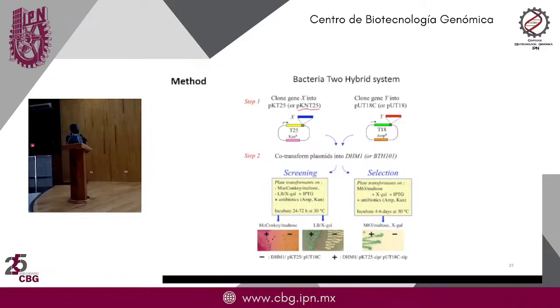The method is to clone each of the interacting proteins into each one of these plasmids. If these two proteins are indeed interacting, X and Y come together and bring the T25 and T18 fragments together, and that will reconstitute adenylate cyclase in the cell. That can be seen visibly by the breakdown of X-gal on the plates to give off blue color. So blue colonies will represent positive interactions.